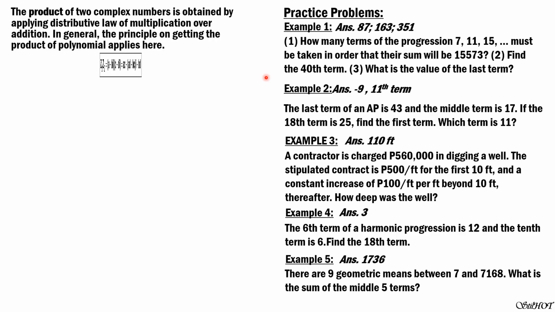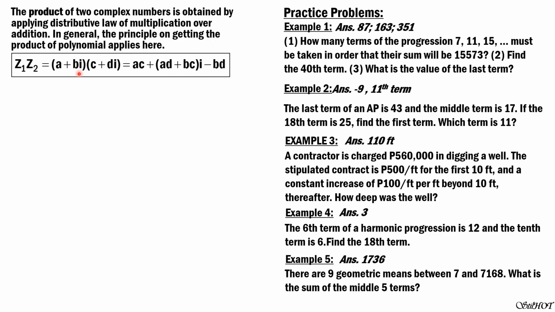In this case, z1 times z2, where z1 is represented by a plus bi and z2 by c plus di, we simply apply the distributive law. So that is a times c, ac. We have like terms adi and bci, so we have ad plus bc times i. And the last term would be bi times di, which is bd i squared.